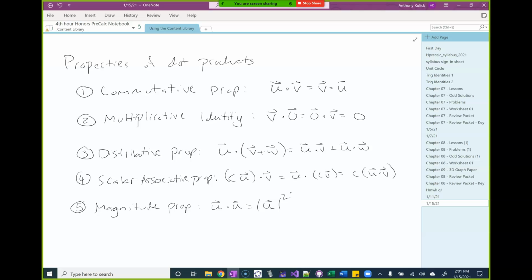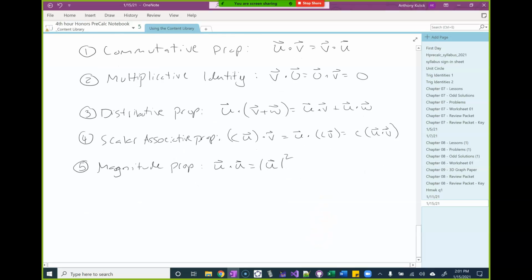So let's do a couple of examples here. So let's say u is the vector 3, v is the vector -1, 5, and w is the vector 8i plus 4j.